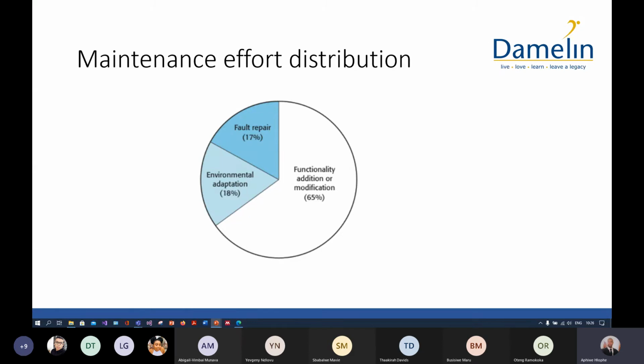If you're looking at this pie chart in front of you now, we can see that 65% of the cost in terms of maintenance goes to functionality addition and modification of software, adding new functionalities, okay? Then 18% is environmental adaptation, new systems coming out, being able to adjust or accommodate different platforms. And then 17% goes towards repairing faults, okay?